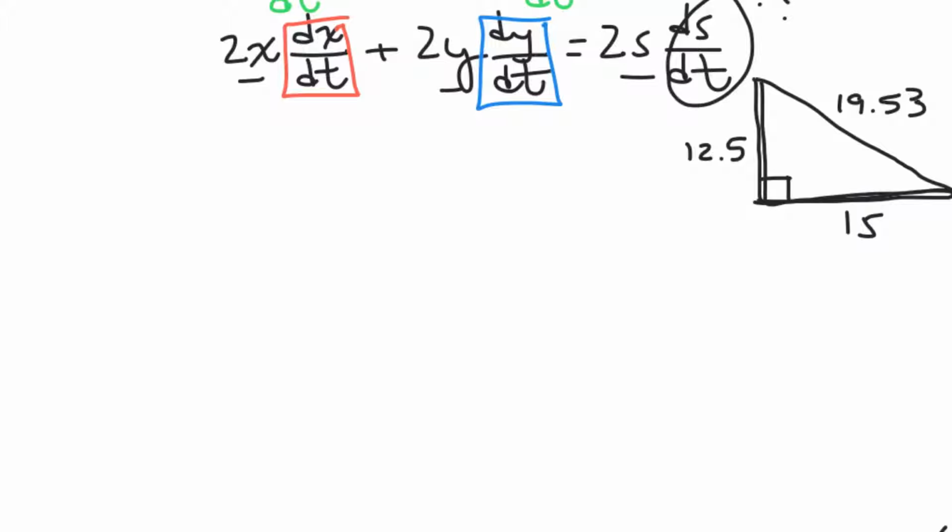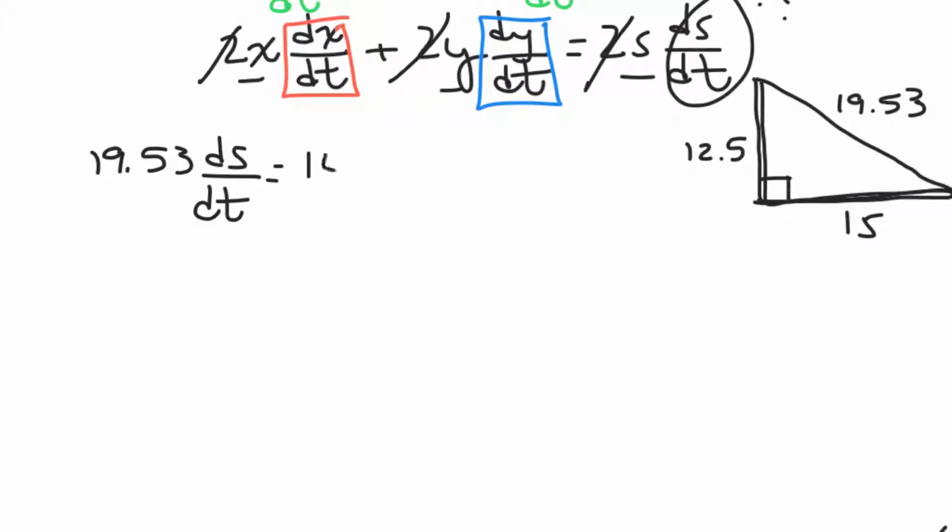So now we have everything we need to fill in our formula and solve for ds/dt. Now we have all the missing pieces. The first thing we want to do is cancel all of these 2's. We can divide both sides by 2. And let's look at the right-hand side. We have s ds/dt, so that's 19.53 ds/dt is equal to x, which is 15, times dx/dt, which is 30, plus y, which is 12.5, and remember dy/dt was 25.